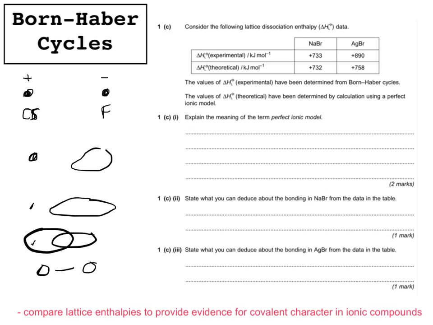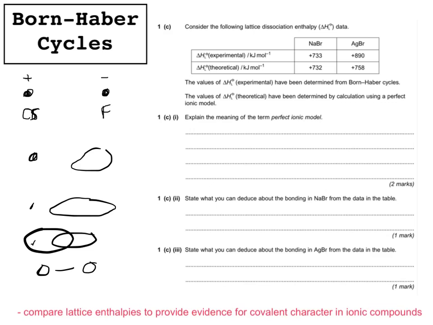And so you can create a Born-Haber cycle based on the idea that the ionic compound has the perfect ionic model. Now, if that isn't true, then the experimental value of the lattice enthalpy would be a lot different to the theoretical value. So, we'll get to that in a second.